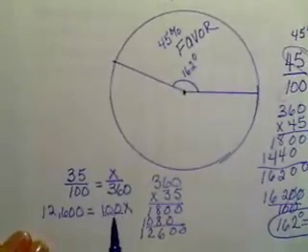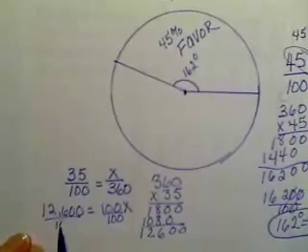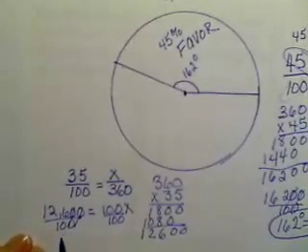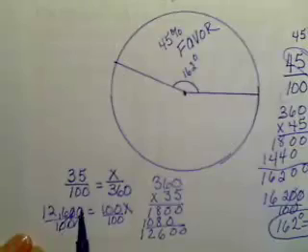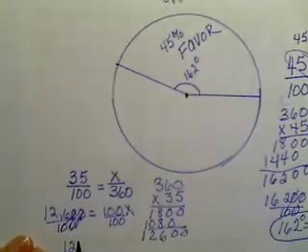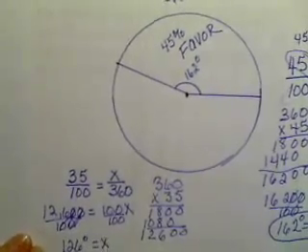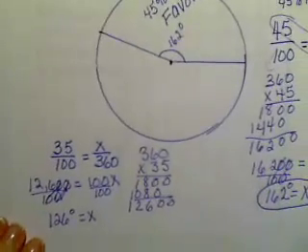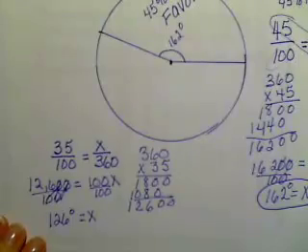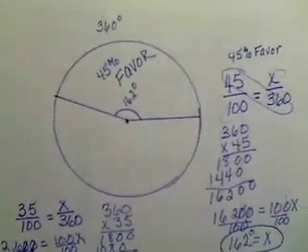I divide by 100, and 126 degrees is the value of the next section of the pie.